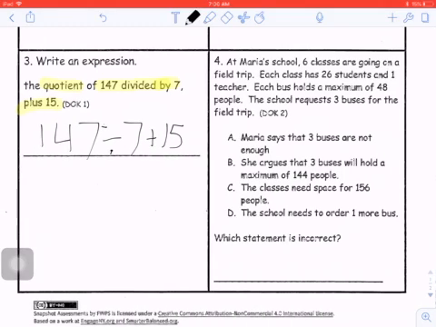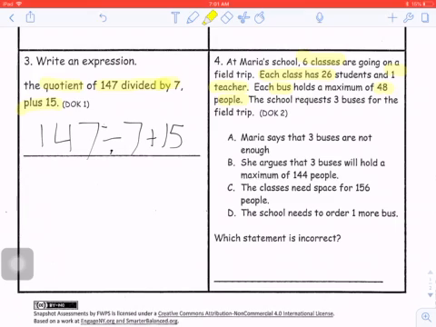At Maria's school, 6 classes are going on a field trip. So I'm going to highlight some important information. 6 classes are going on a field trip. Each class has 26 students and 1 teacher. Each bus holds a maximum of 48 people. The school requests 3 buses for the field trip.